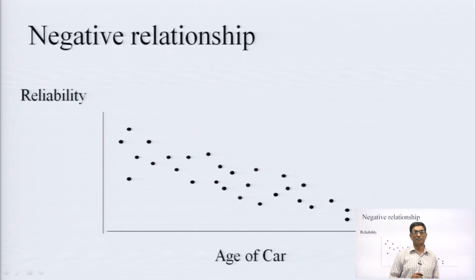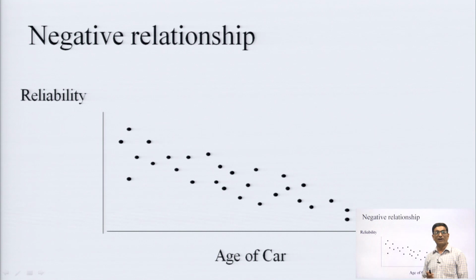Second, negative relationship. For example, in this example, the x axis shows the age of the car and the y axis shows the reliability of the car.